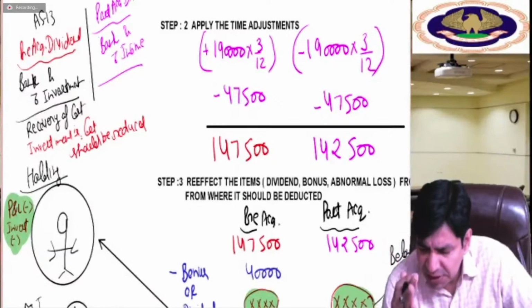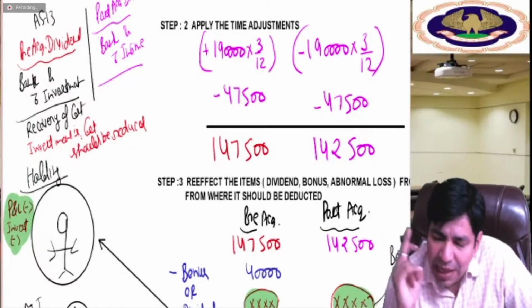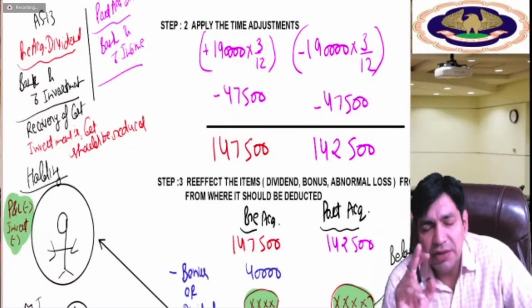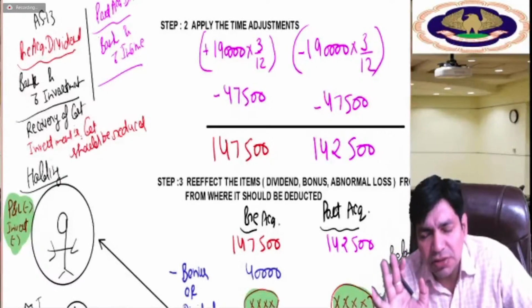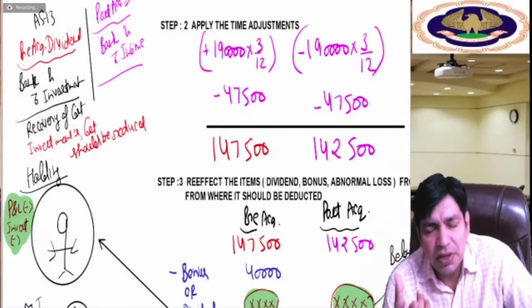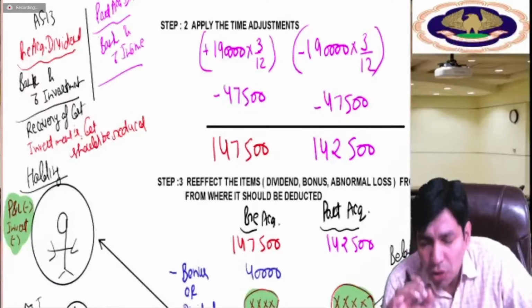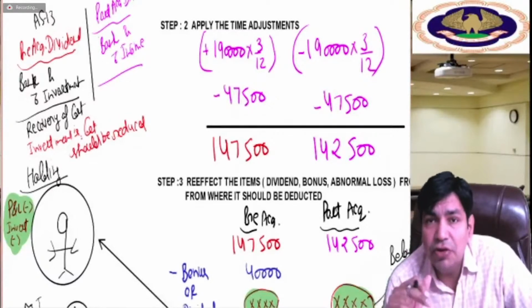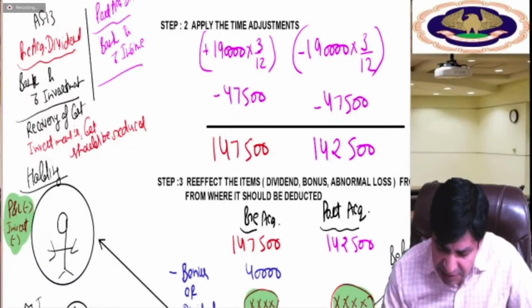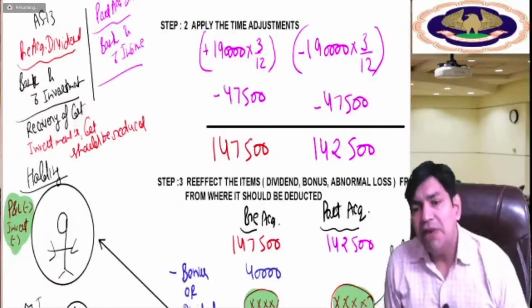But this mistake is pre-assumed in the books of the holding company, and we have to rectify that mistake. We have to remove it from profit and loss, because that income doesn't belong to revenue nature for us, and it has to be adjusted in the investment account, because that is the recovery of cost. Please let me know till this. Okay, here a little bit I will do that, don't worry.